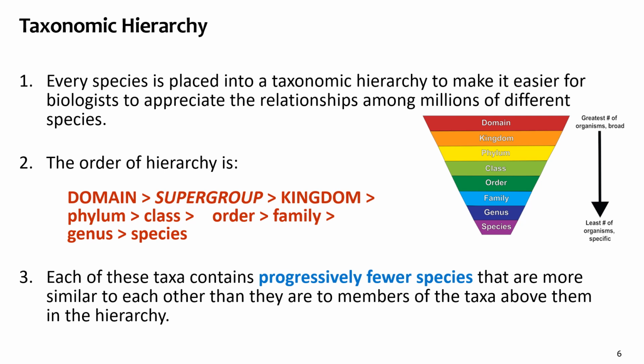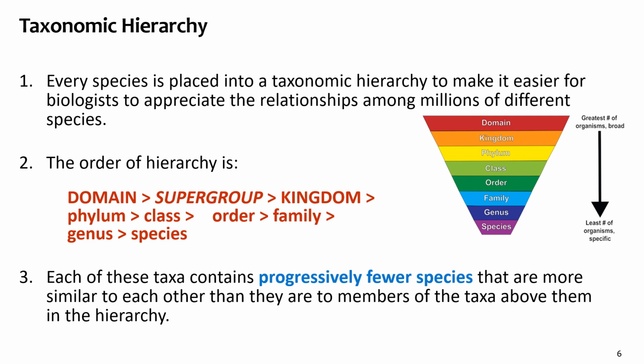So our taxonomic hierarchy is a sequential hierarchy going from broader category to more specific categories. So the greatest number of organisms are going to be found at the higher level taxonomic classifications. And when we get all the way down to the bottom at the species level, we're going to get down to 1.